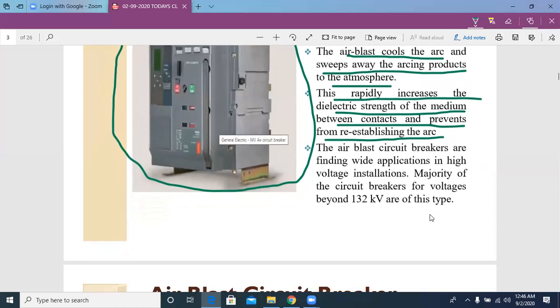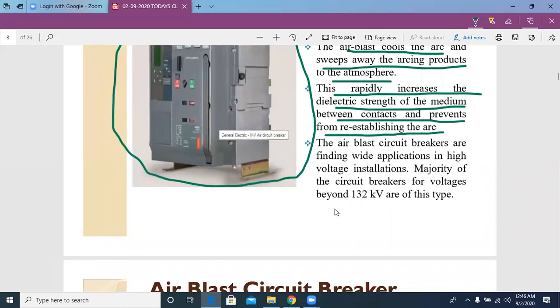Now the range of this type of circuit breakers is up to, we can use 132 kV or above. We can use 132 kV and above values. We can prefer these types of circuit breakers at 132 kV and above, high voltages, in the extra high voltage case.